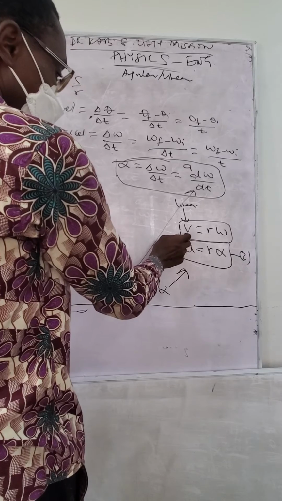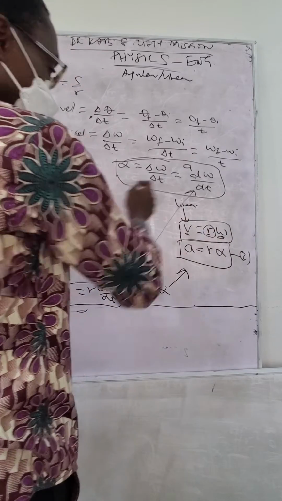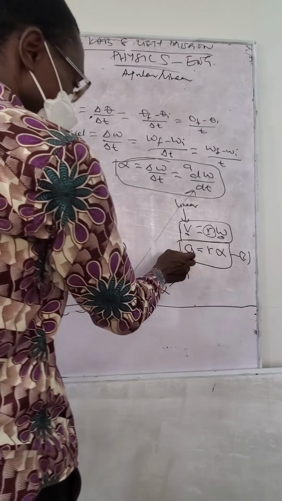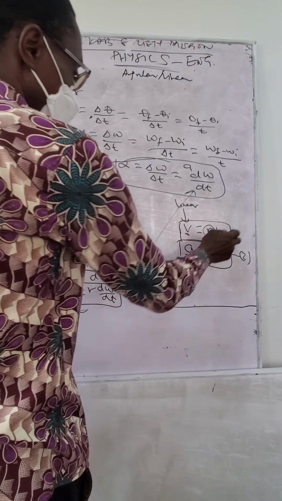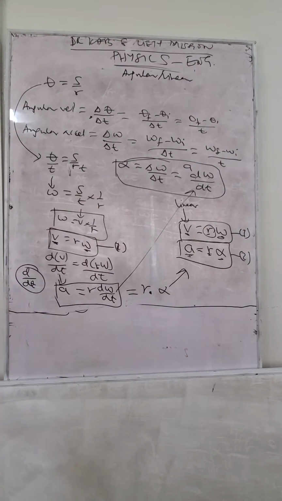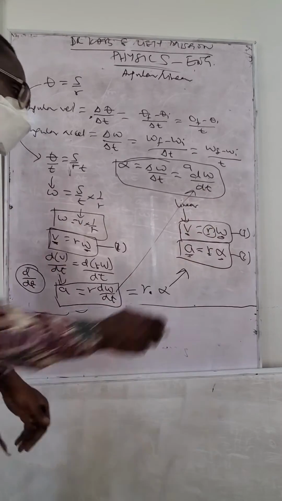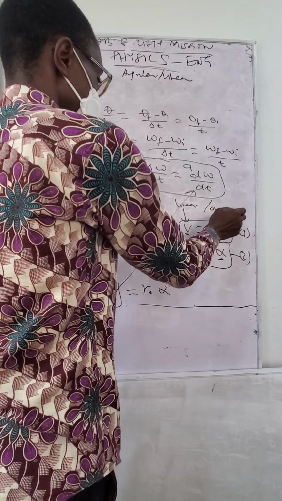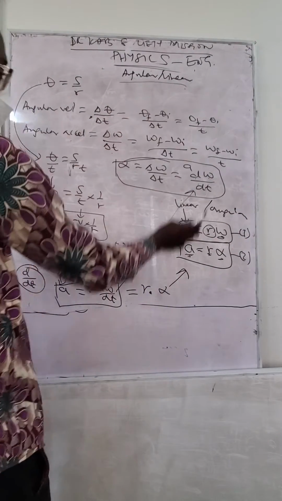So linear velocity is related to angular velocity by the constant r. Linear acceleration is related to angular acceleration by the constant r. So this can even be an easy way to remember the formula, if you don't want to go through the steps of deriving. It relates linear to angular, as we sought to do earlier. So we wanted a relationship between angular and linear, and this is the expression.